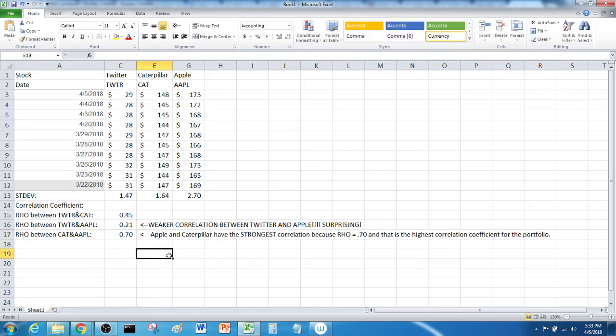That's how you answer questions like that. And I think that's interesting analysis. It's actually useful because if we were building a portfolio of stocks, there are a lot of formulas where we work with the correlation coefficient to build the portfolio based on the degree of correlation between two stocks.